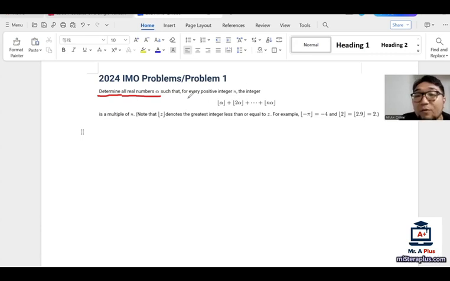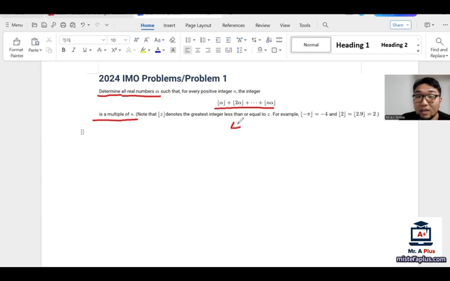Second, every positive integer n. So n has to be positive and an integer, and it fits this equation. Also the result is a multiple of n. What is a multiple of n? That just means you can divide by n and get a whole number.